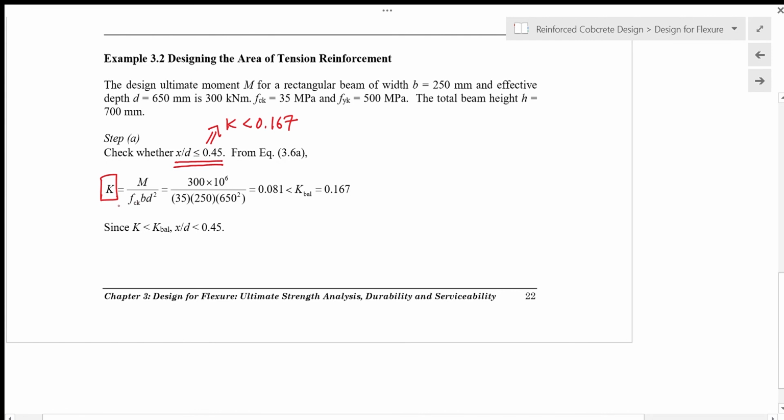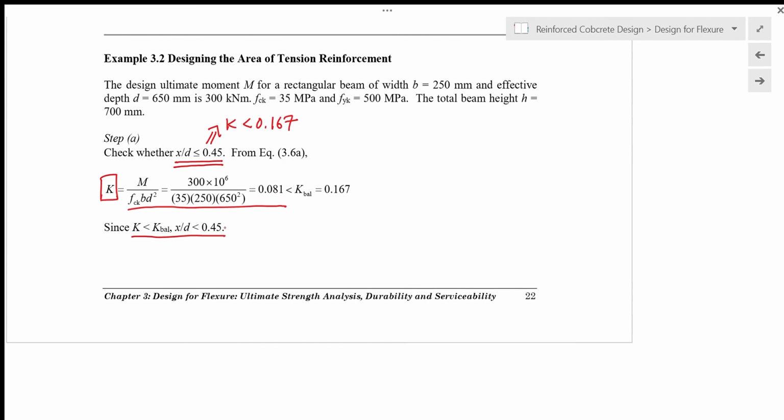So this is what we have calculated here. K is smaller than k balance of 0.167, so we can conclude that x over d is less than 0.45.